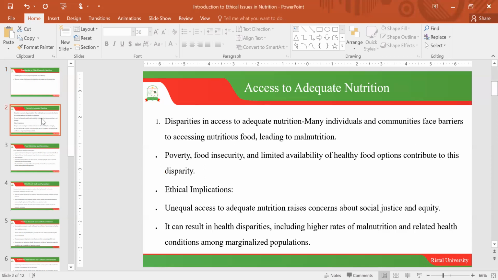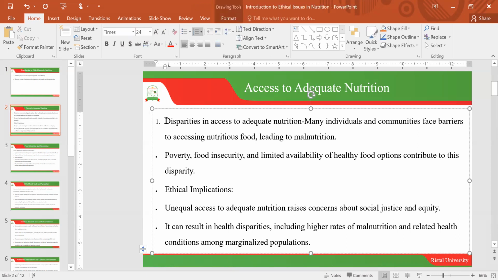So the first issue that we are going to discuss is the issue related to access to adequate nutrition. We have different categories of people who actually experience difficulties or barriers accessing nutritious food. And consequently, they are faced with malnutrition.